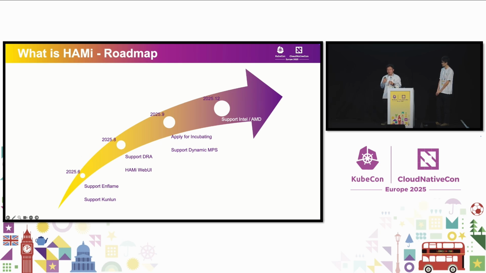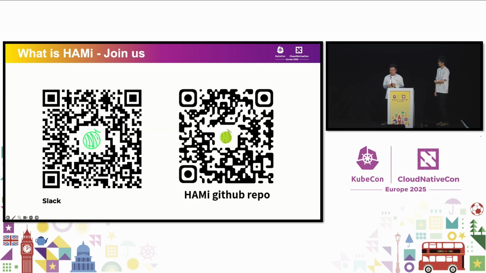We will also create a HAMi web UI for ease of use, and maybe at the end of the year we will propose it as an incubating project. And there is dynamic MPS for Nvidia. If you want to join us, you are very welcome. This is our Slack and the GitHub repo.